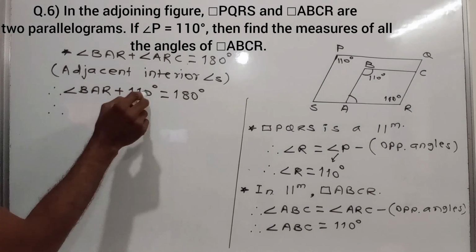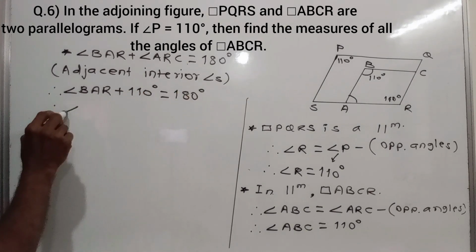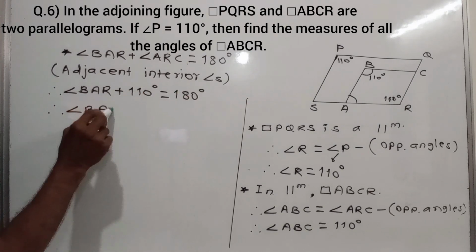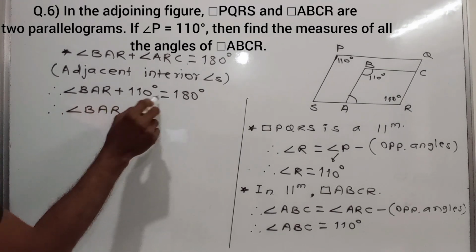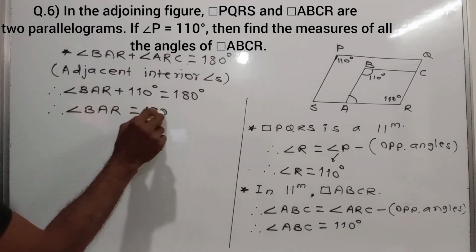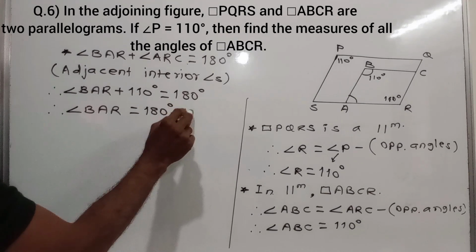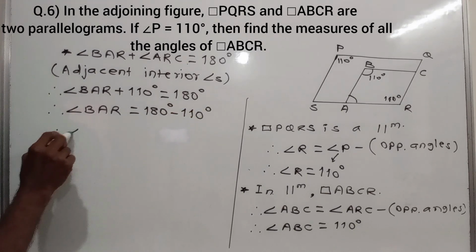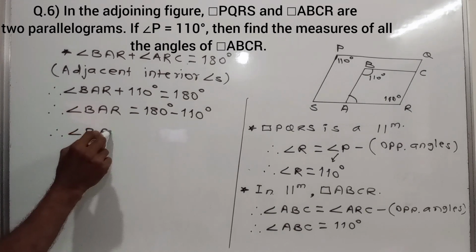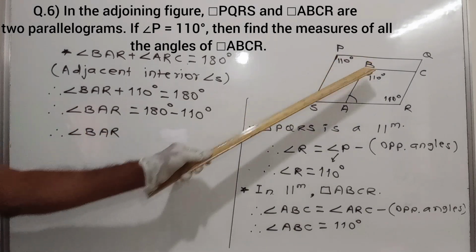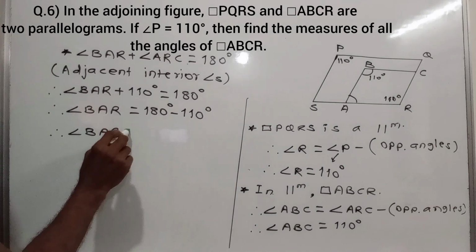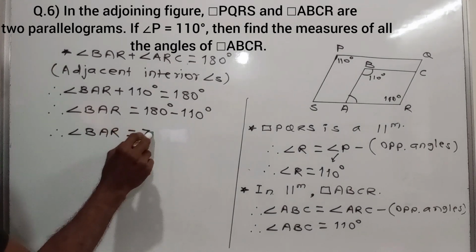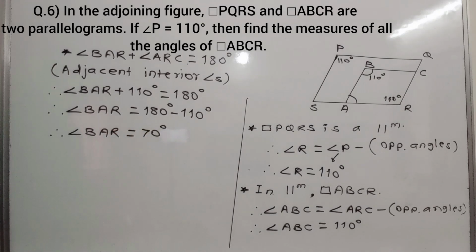Now we take 110 to the right side. Angle BAR is equal to 180 degrees minus 110 degrees. Therefore, angle BAR is equal to 70 degrees.